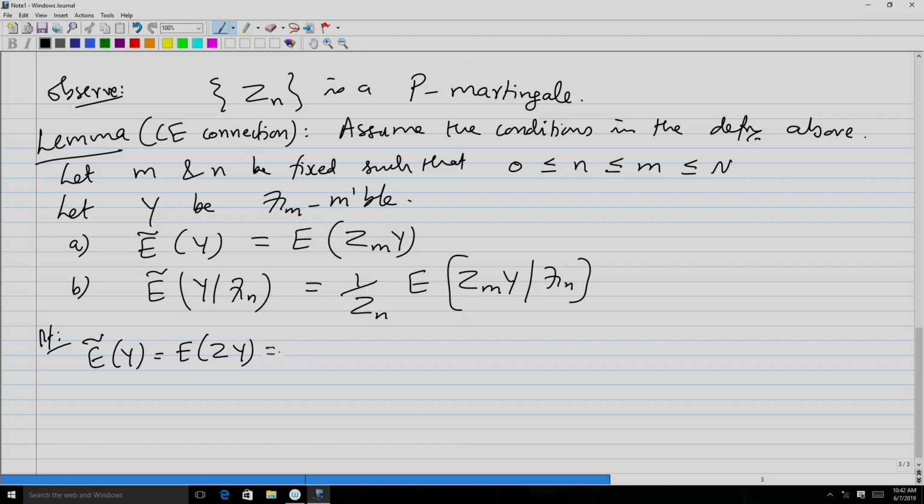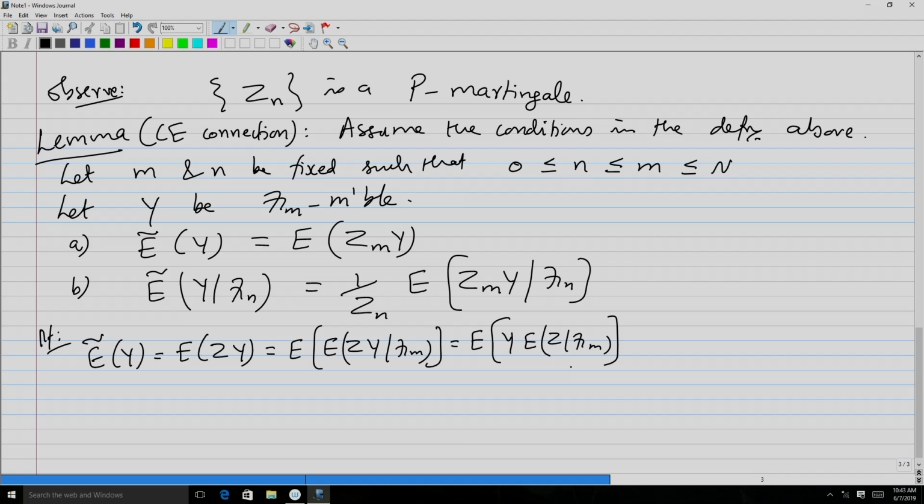Now, by the Tower property, you can write this as the expectation of Z Y given F_m, which, since Y is F_m measurable, you can write as Y times the expectation of Z given F_m.